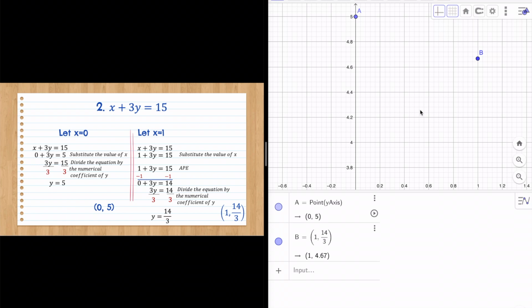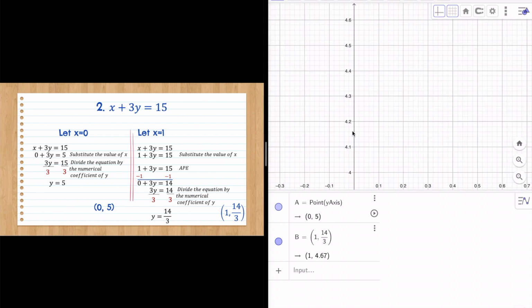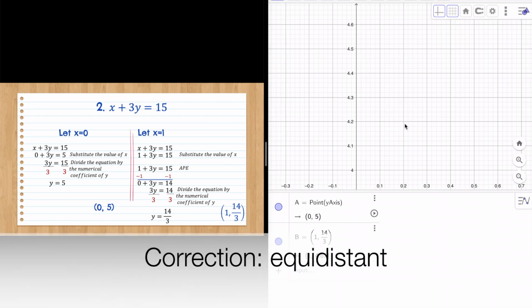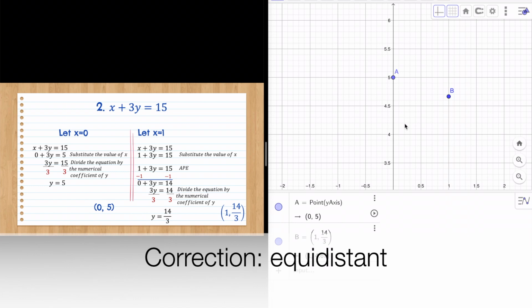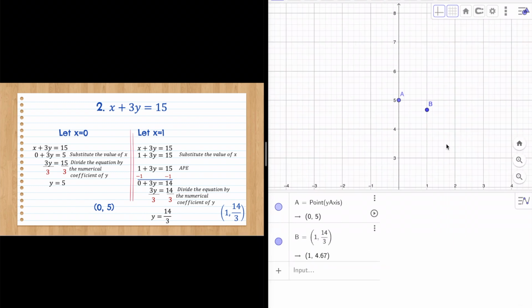Pero kung sa notebook ka, or graphing paper, kailangan mo siyang gawing manually para siyang ruler. So, maglalagay ka ng small line. So, magiging parang ganyan niya. 4, 4.1, 4.2. Siyempre ito, mas equidistance dapat yan. Parang sa ruler nga. So, zoom in ko lang siya para makita niyo yung maliliit niya. But if you're using this software, which is GeoGebra, pwede mo i-adjust yung ordered pairs dito sa input part.